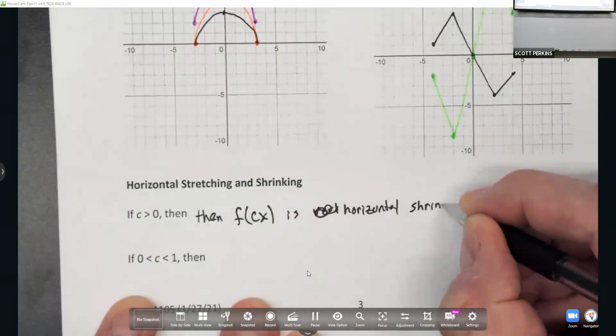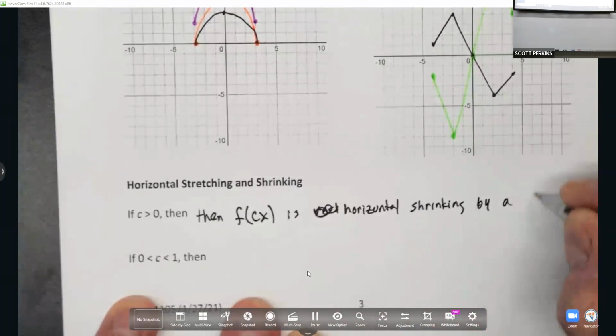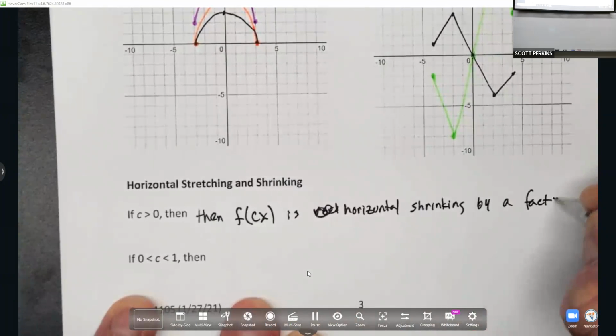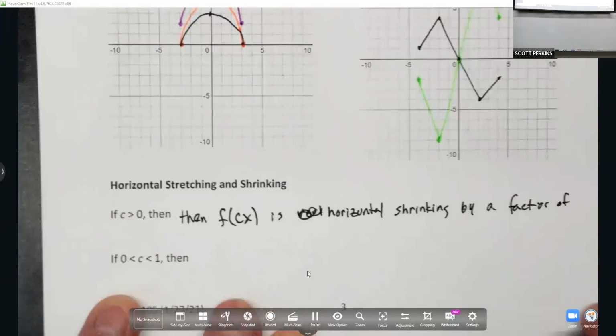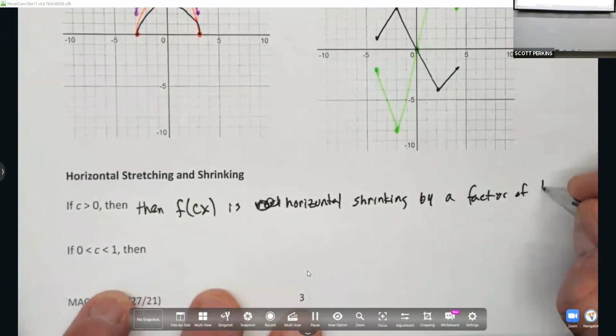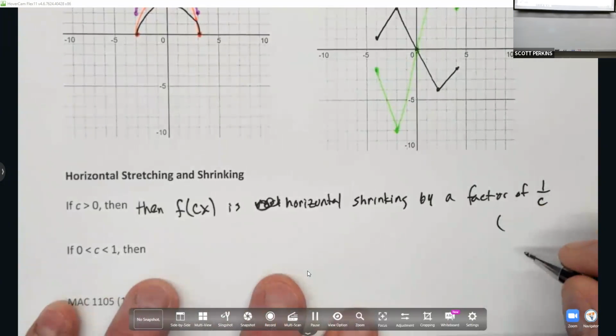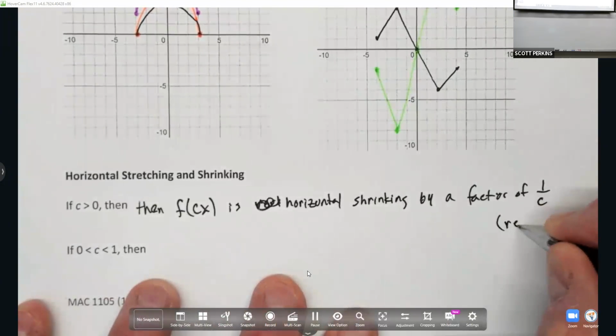shrinking by a factor of, and here's the key, and you remember this for both the stretching and the shrinking, by a factor of 1 over c, meaning 1 over c. I'm just going to tell you the fancy word for that, that's the reciprocal.